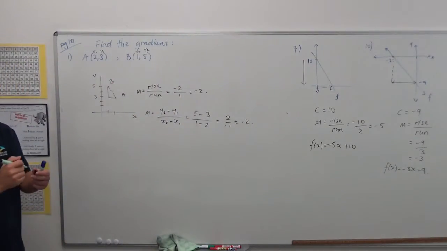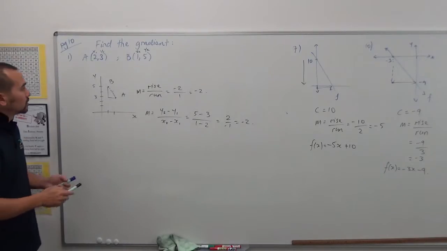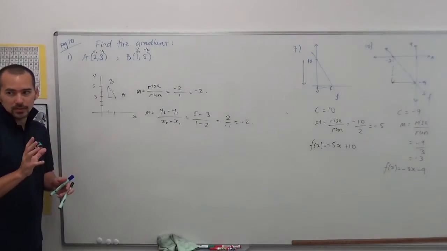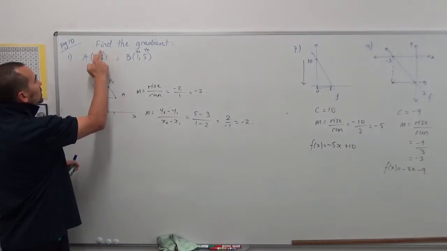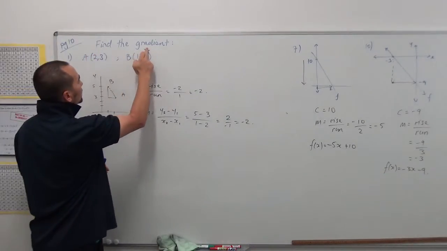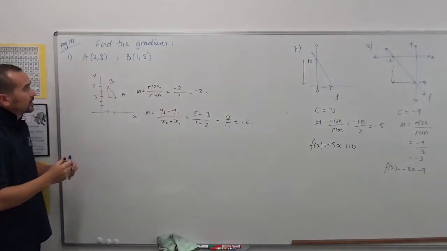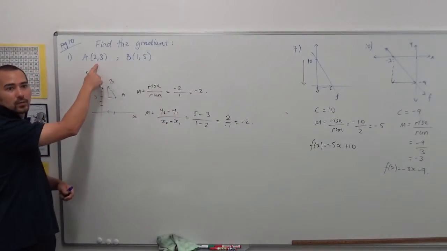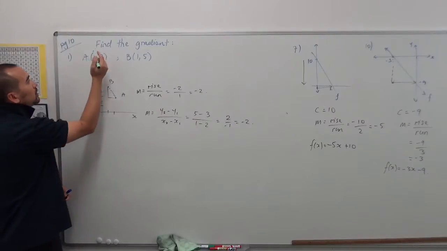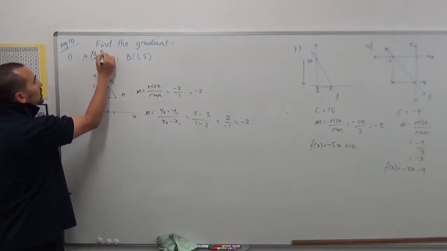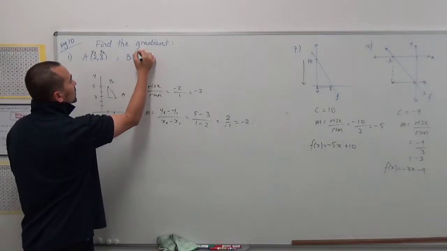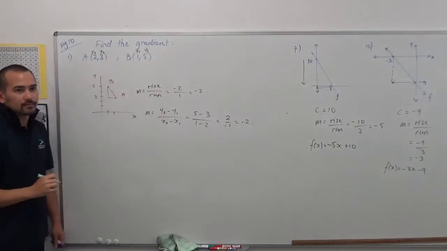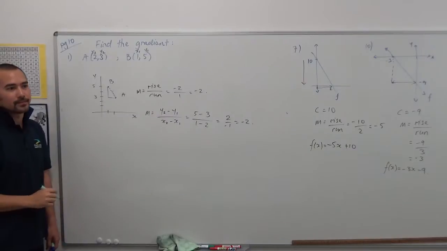Okay? Now, just watch this for a second. Let's suppose you label the coordinates incorrectly, and instead of calling this the first coordinate, you call this the second coordinate, and you label it x2, y2. And you label this one the first coordinate, x1, y1. Watch what happens.